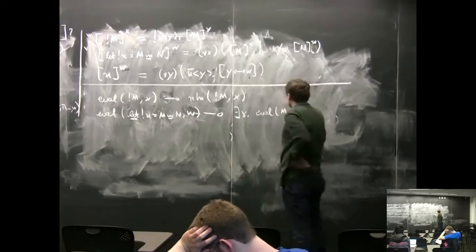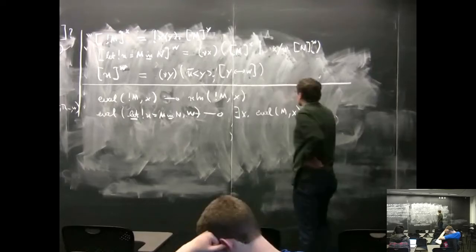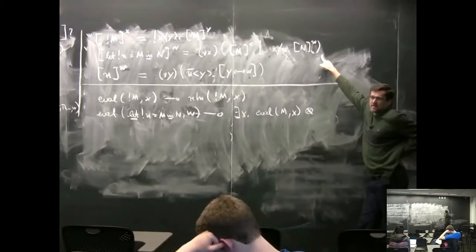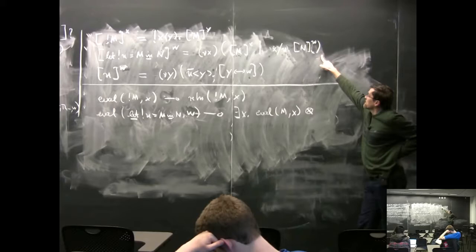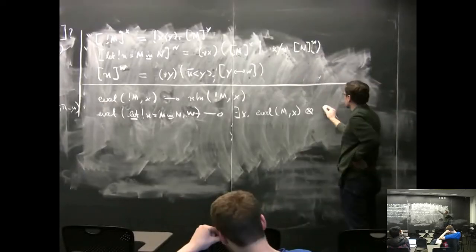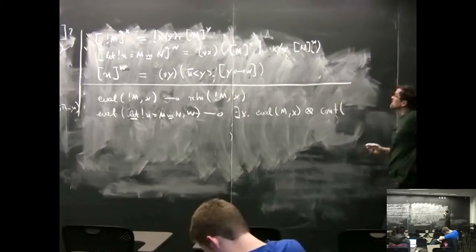It's an eval of m with destination x. And what's this correspond to? Well, it can't really do anything until we get something from here. So it will have to be suspended, so it will be a continuation.